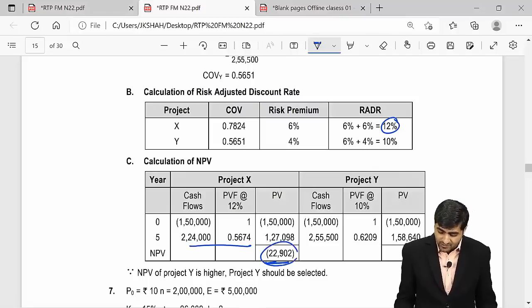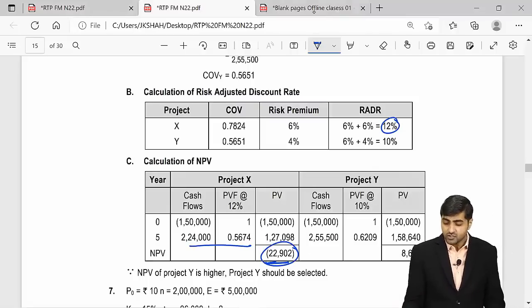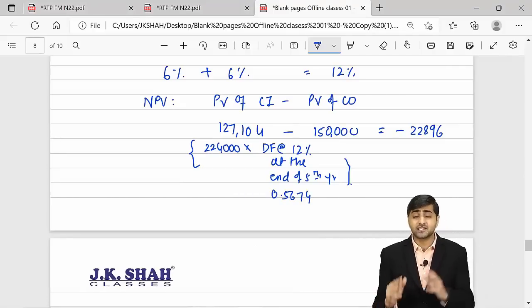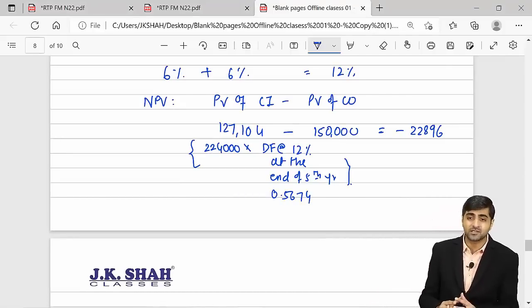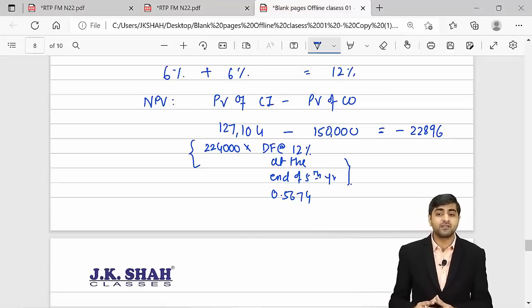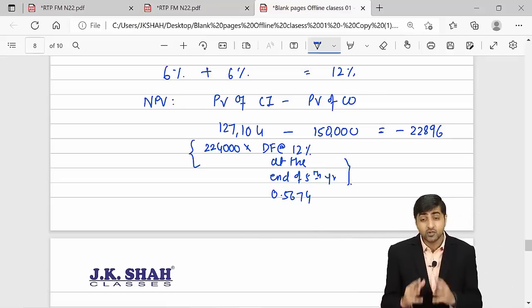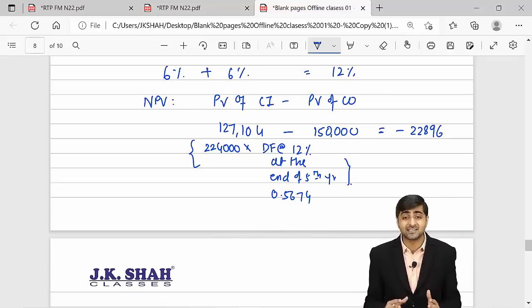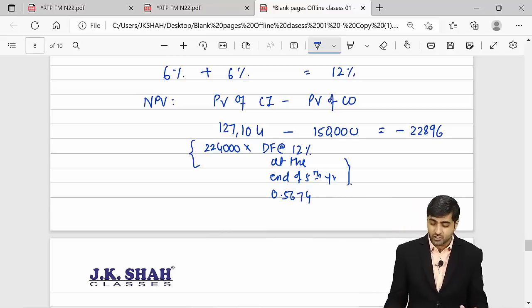Rounding errors are okay. So this will be 22,896 or 22,900 rupees approximately, and this is your negative NPV. And if it is a negative NPV, will you invest in this project X? The answer is absolutely no.